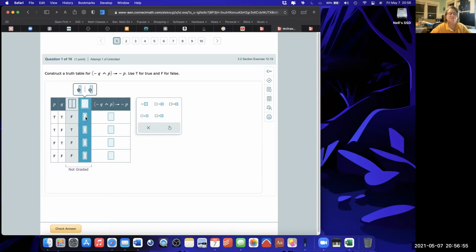The first option is false because there's at least one false. The second option is true because both P and not Q are true. The third row is false, and the fourth row is false.